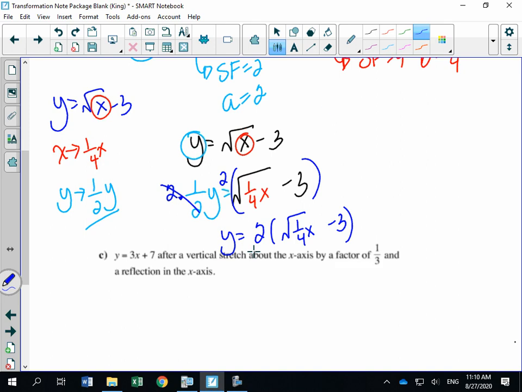Now I hope you can see, yes, my a value is in fact 2, and my b value is in fact 1/4, right? So my a value is 2, my b value is 1/4.